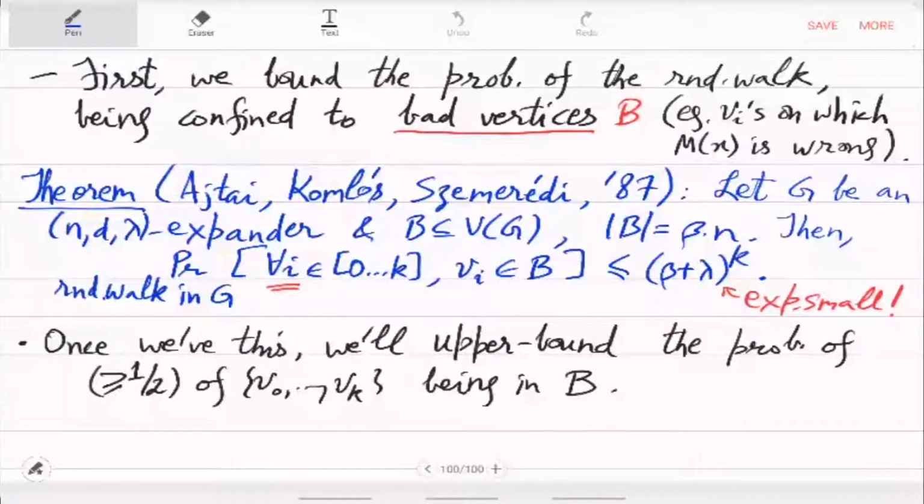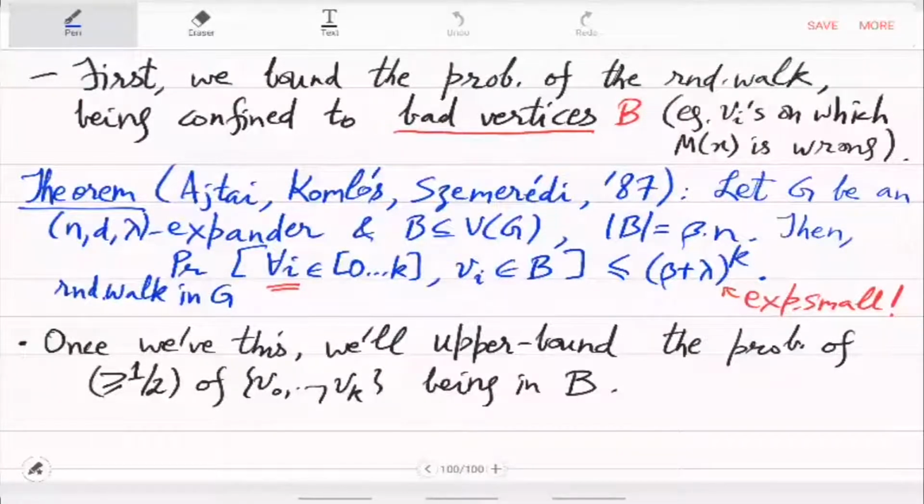So if you are doing this k step random walk, then it is beta plus lambda to the k. Beta is the fraction of bad vertices, okay, out of the total number of vertices n, beta n are bad, and lambda is the second largest eigenvalue. So if beta plus lambda is smaller than 1, this is an exponential drop in k.